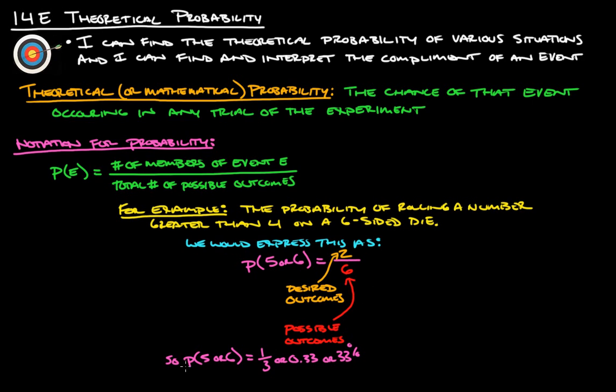So that means the probability of rolling a 5 or a 6 is 1 out of 3 or 0.33 or 33%. Any one of those 3 would be fine answers. Okay, so that is the theoretical or mathematical probability of that event happening. 1/3, 0.33, or 33%. All right?